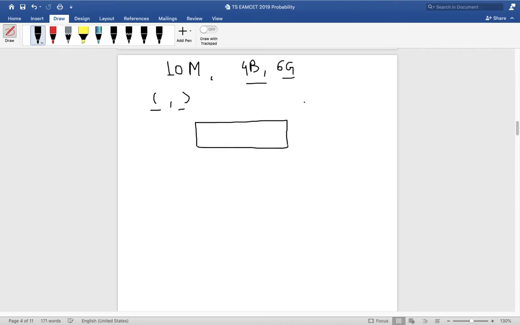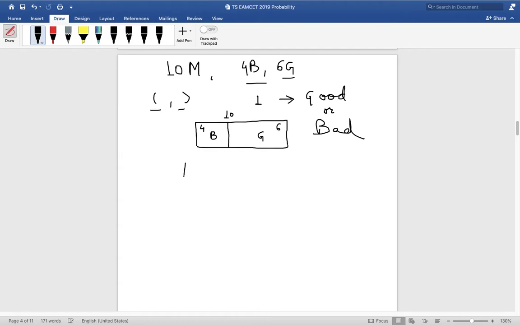If I am only choosing one mango, then the mango can either be good or it can be bad, right? When choosing only one mango. So it can either be good or bad. So this will be my sample space, total 10. 4 will be for bad and 6 will be for good.